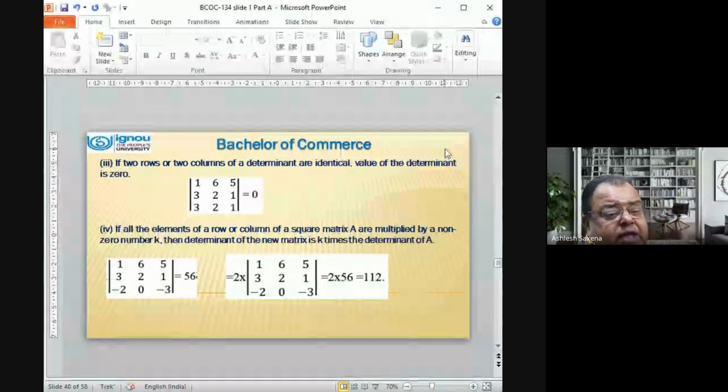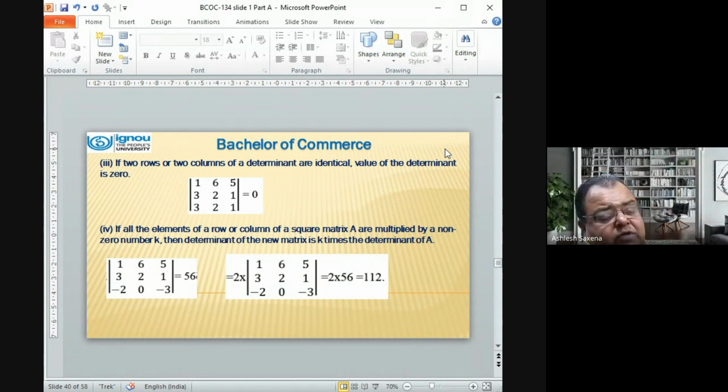If all the elements of a row or column of a square matrix A are multiplied by a non-zero number k, the determinant of the new matrix is k times the determinant of A. Suppose in A we got 20. So when we will be multiplying this matrix by 4, that will become 20 into 4, that is 80.